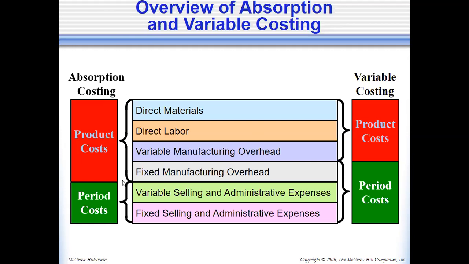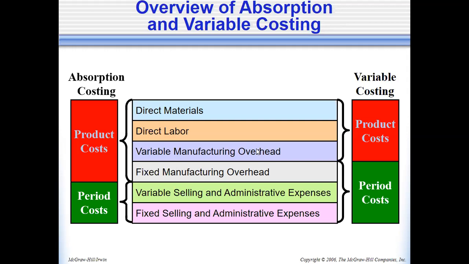If we say product costs, these are the manufacturing costs that we have known of. So remember the three major groups: direct materials, direct labor, and the manufacturing or production or factory overhead.